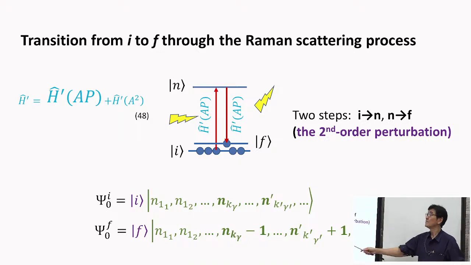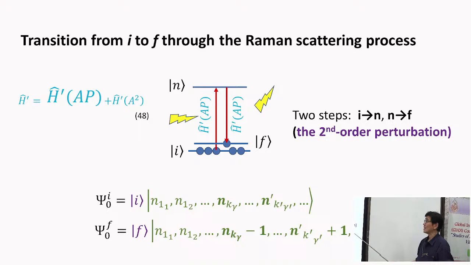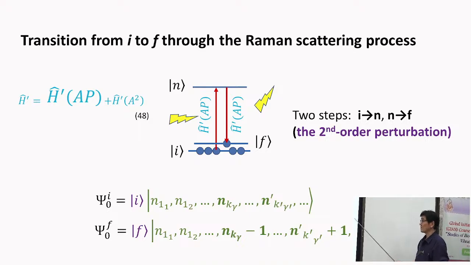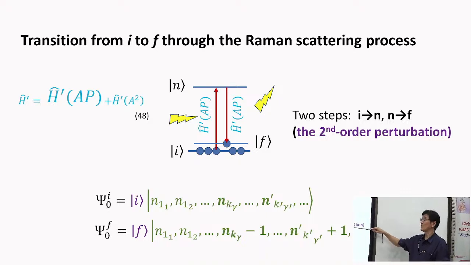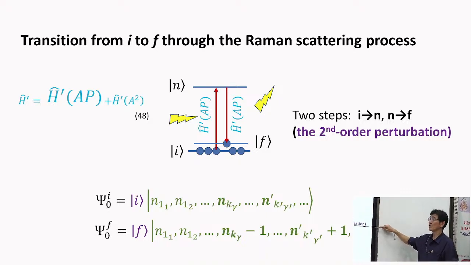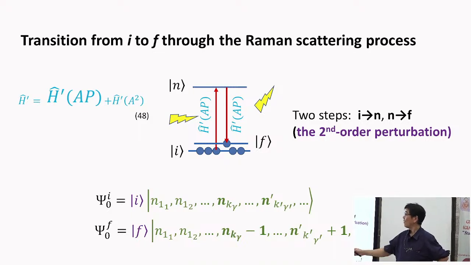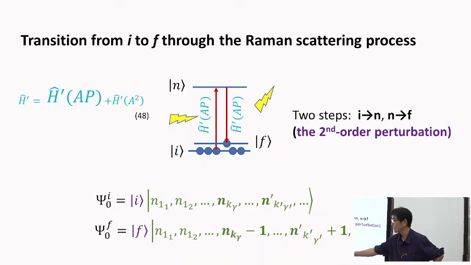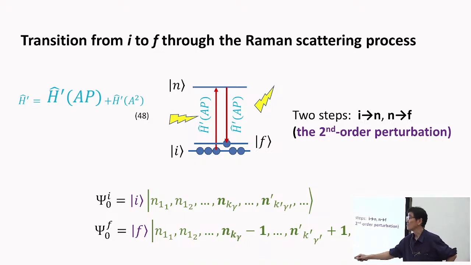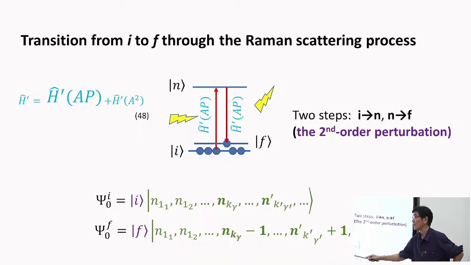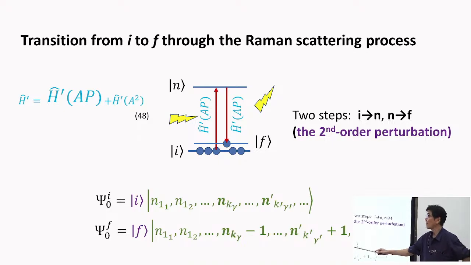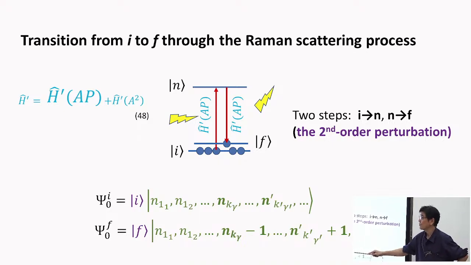This process is explained by considering the twice application of H prime A·P. So we should understand this process as a two-step perturbation, from initial to intermediate to final. Accordingly, this is second order perturbation.